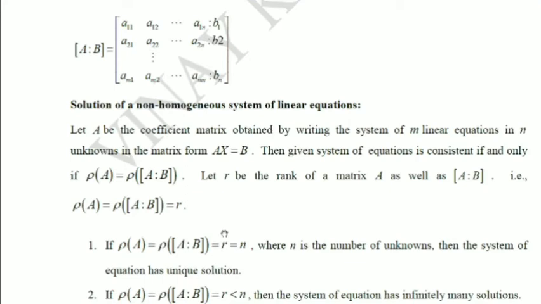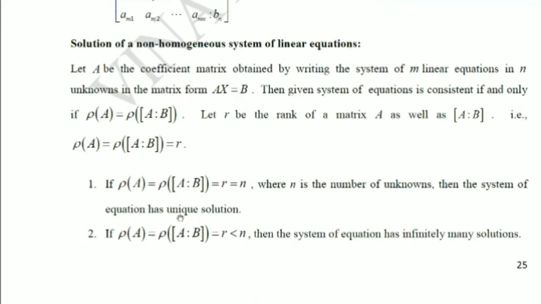One solution, a unique solution. And if the rank of the matrix A is the same as the rank of the augmented matrix R, but this is less than the number of unknowns, then the system has infinitely many solutions.